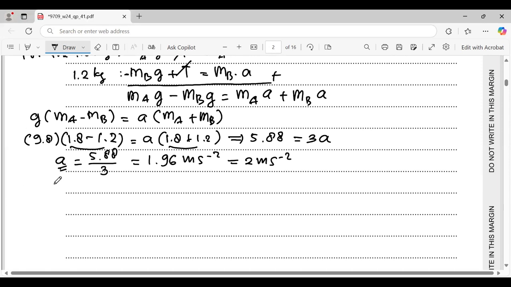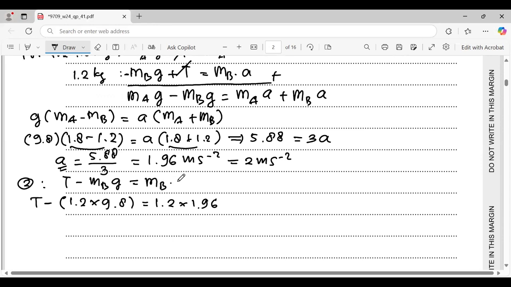So this is the acceleration. Now we're going to calculate the tension. I use the second equation: T minus m_b times g equals m_b times a. m_b is 1.2, gravitational force is 9.8, and a is 1.96.